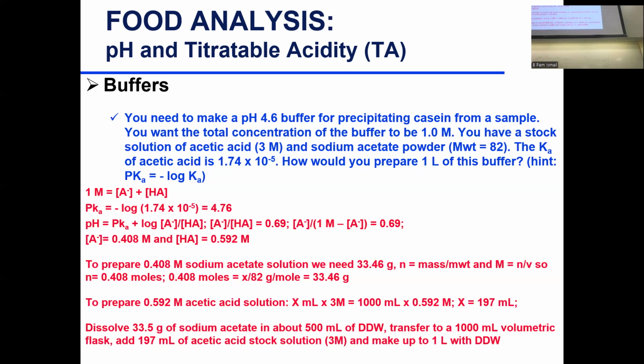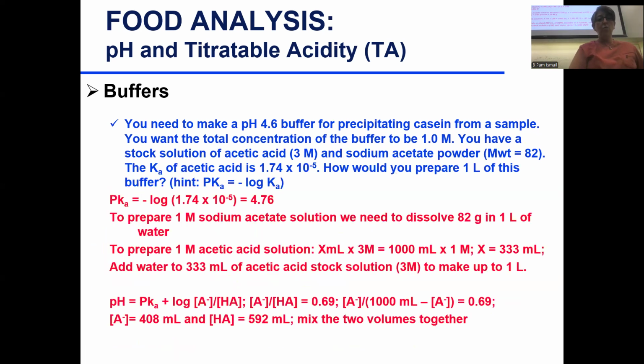So there is this way of calculating for buffer, and there is another way that I think is simpler, which is this way. You can take a picture of it. The other way of doing it is unifying the molarity of the acid and base.